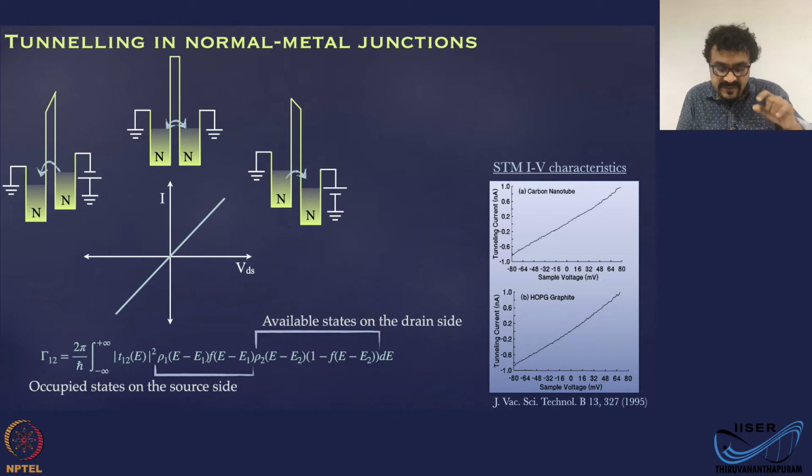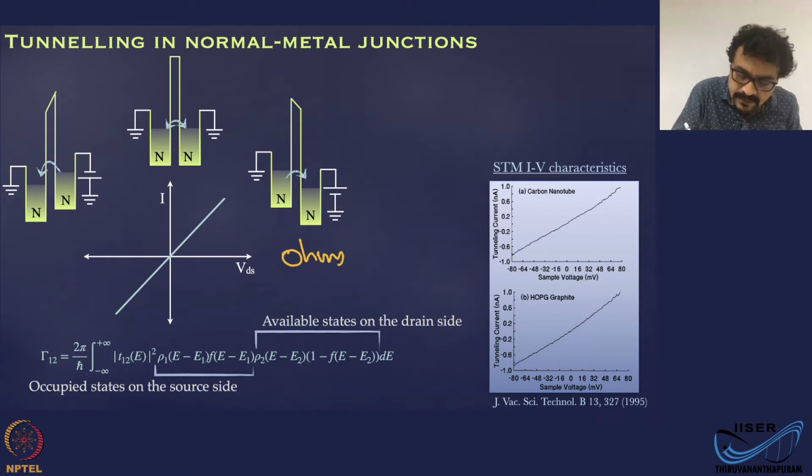So all these are kind of independent of energy, and the difference of the Fermi functions eventually reduces to the applied bias, which you have seen in one of the previous lectures. And this is going to obey Ohm's law. For small applied bias, you will get Ohm's law.